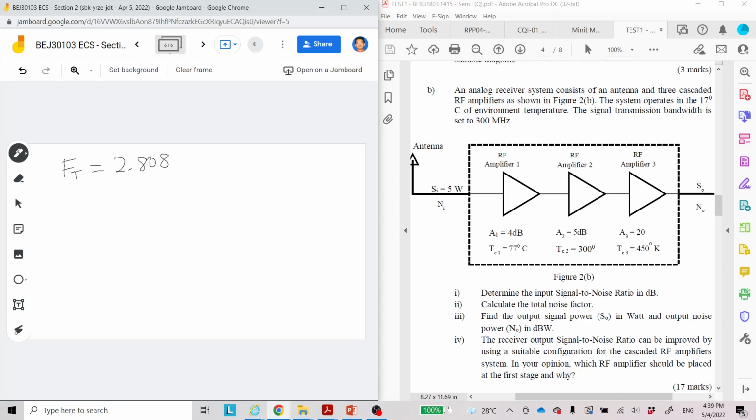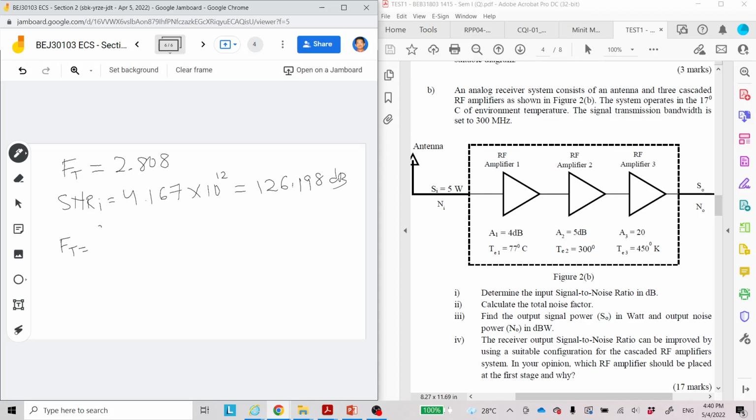We already know the SNR input, which is equal to 4.167 times 10 power of 12, which is equal to 126.198 dB.